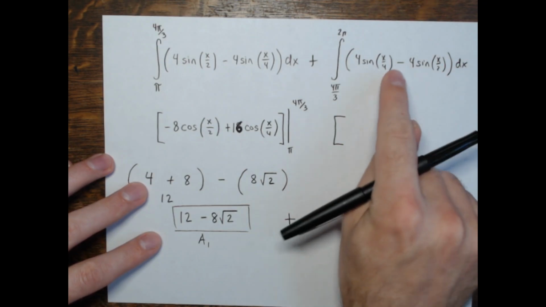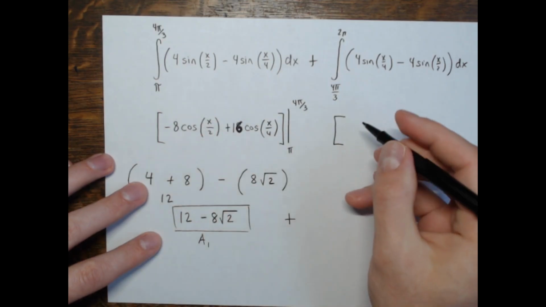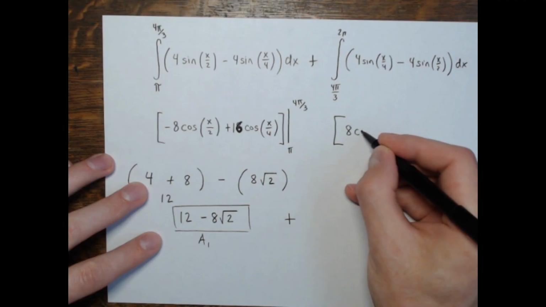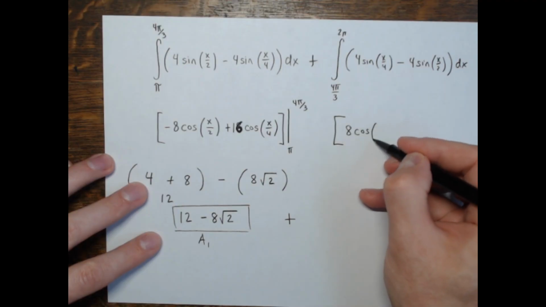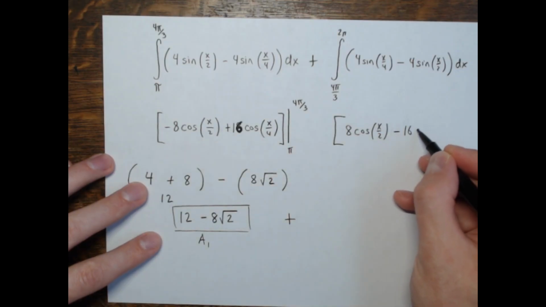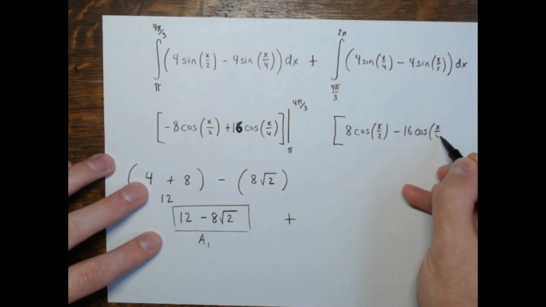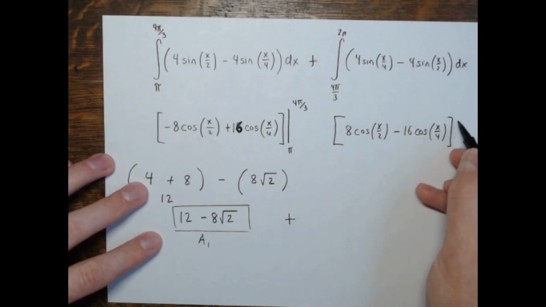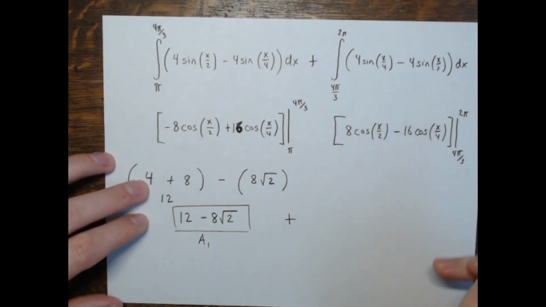So again, the antiderivative will just be the opposite of what I had earlier. So you'd have positive 8 cosine of half x, and then minus 16 times the cosine of a quarter x, going from 4 pi over 3 to 2 pi.